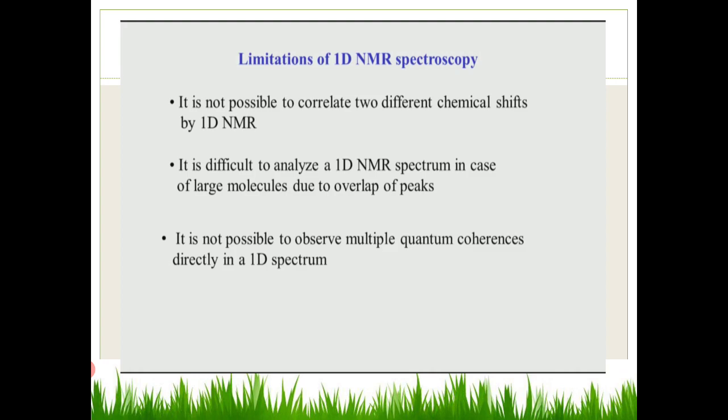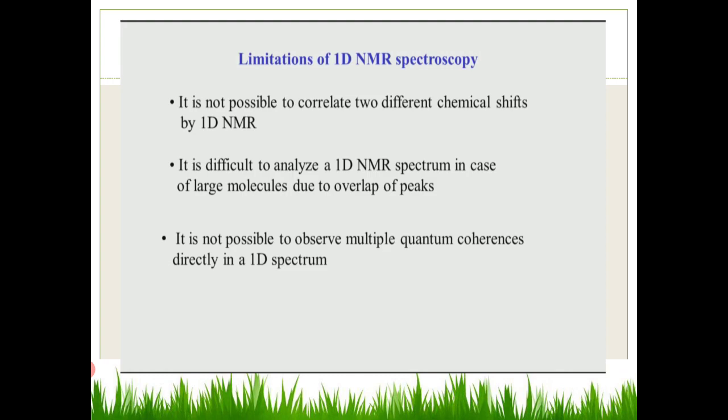There are various types of coupling, carbon-proton coupling, proton-proton coupling. Which proton the coupling has happened with, if you strictly ask, in many cases it is not possible to correlate. And it is difficult to analyze a 1D NMR spectrum in case of a large molecule due to overlap of peaks.